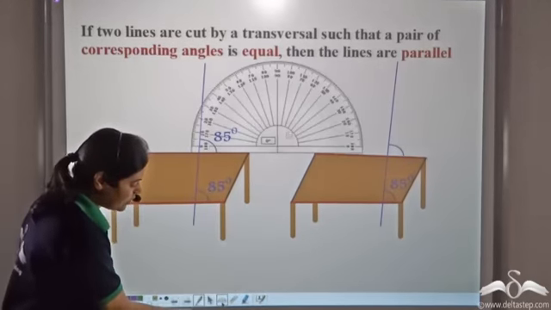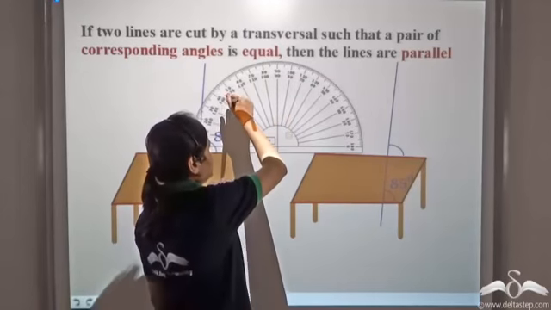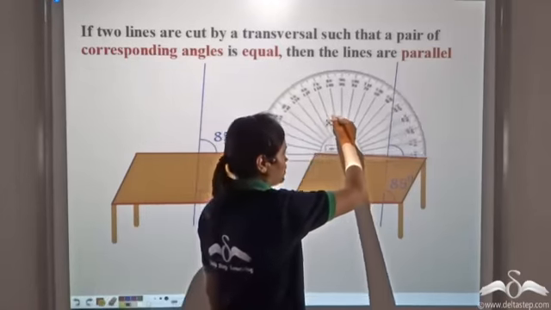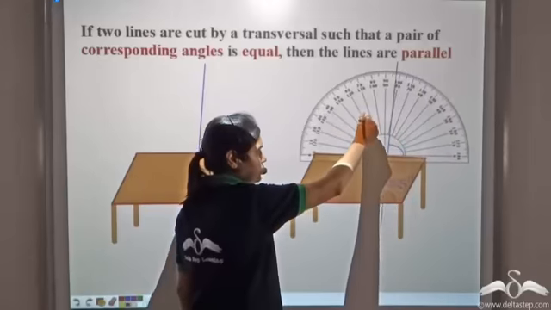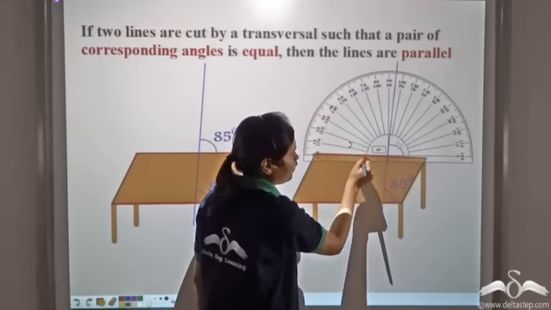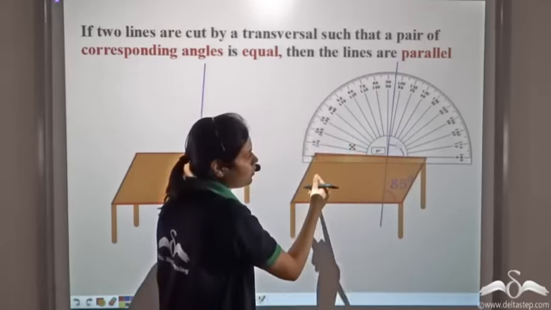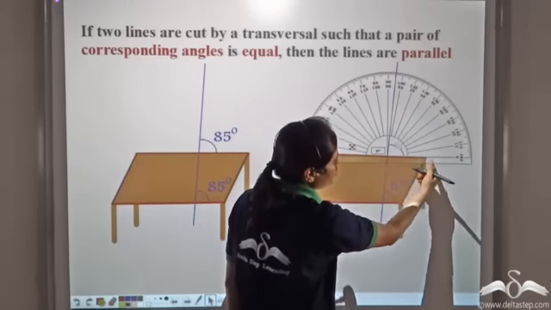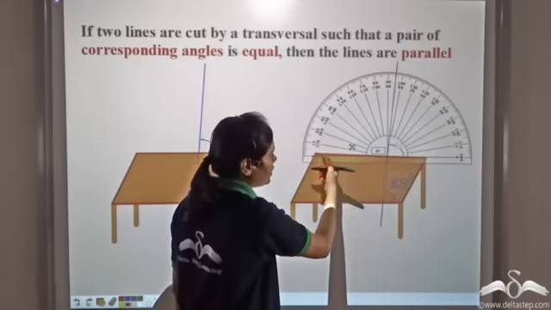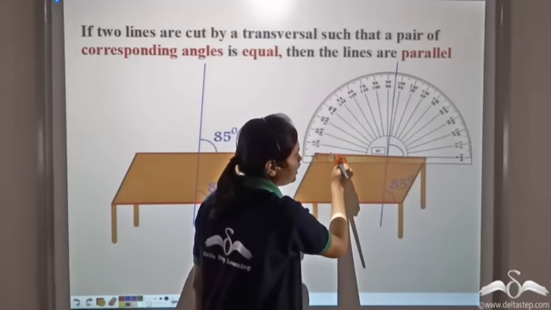So, take the protractor, place it on the center. Now, this arm should coincide with the 0 degree. It should lie on the straight line, but it doesn't. So, we need to tilt it.